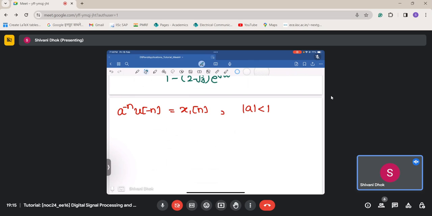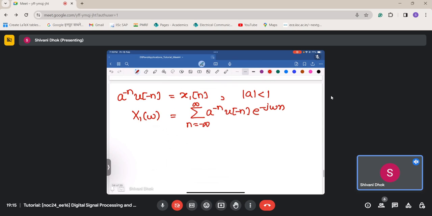Okay, so now the DTFT of this quantity will be x1 of omega is equal to summation n running from minus infinity to infinity a to the power minus n into u of minus n into e power minus j omega n. Now u of minus n means this thing will be non-zero for n less than or equal to 0.